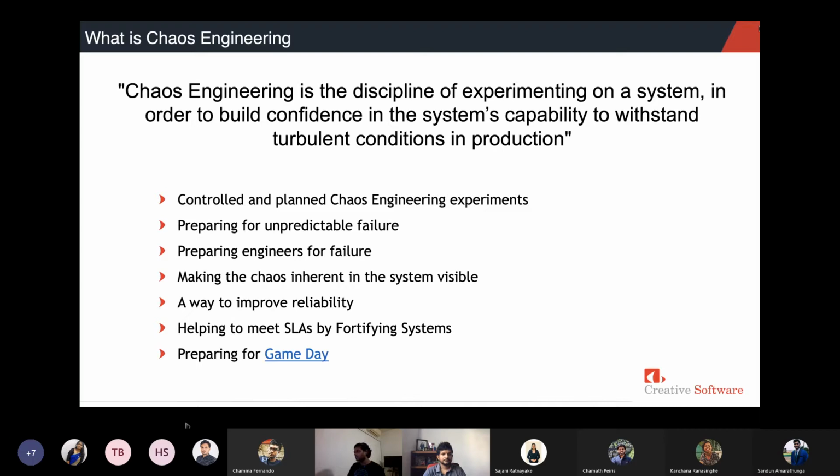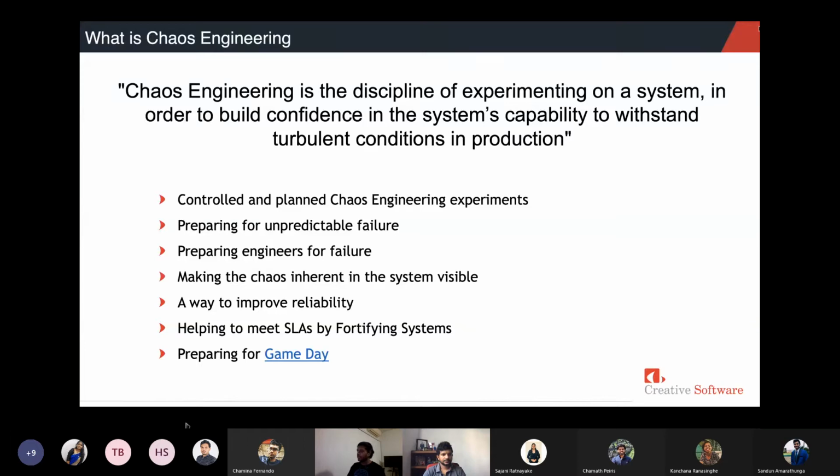So chaos engineering is controlled and planned experiments. We use the word experiment because the outcome is not known. Like by killing a pod, you don't know what will happen to the system, how the system will react. And by doing this, you will face unpredictable failures.